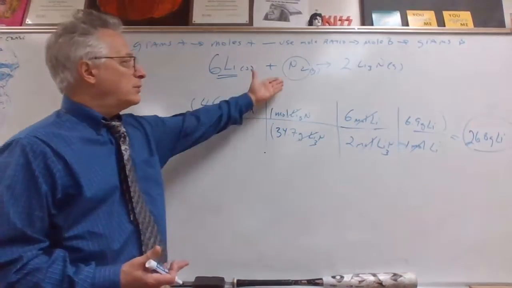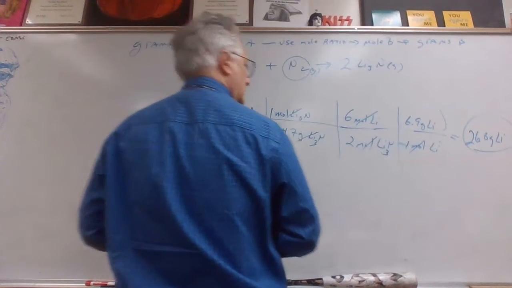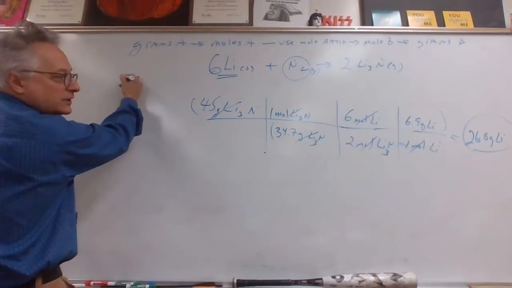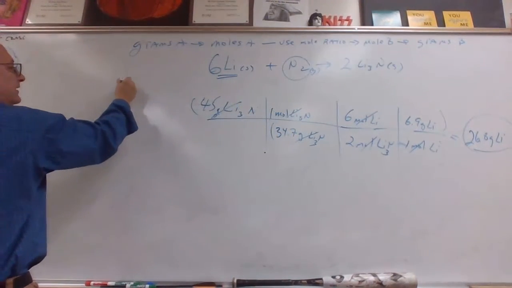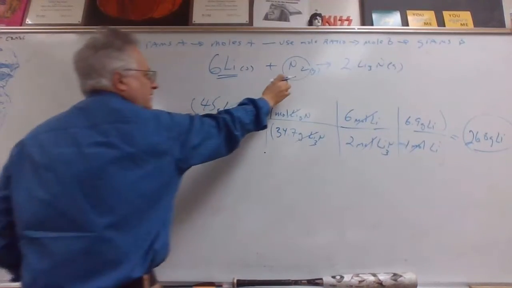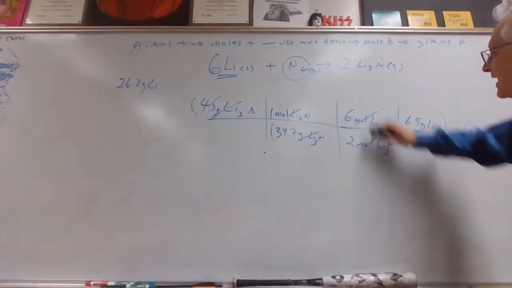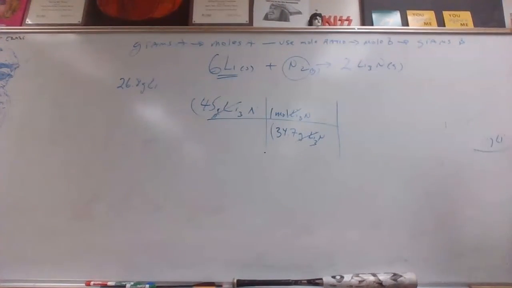But now let's say, well, how much nitrogen do I need? Well, first of all, we needed 26.8 grams of lithium. That's how much we needed. Now let's figure out how much nitrogen we need. Question doesn't ask that, but it's kind of fun to go and do it.